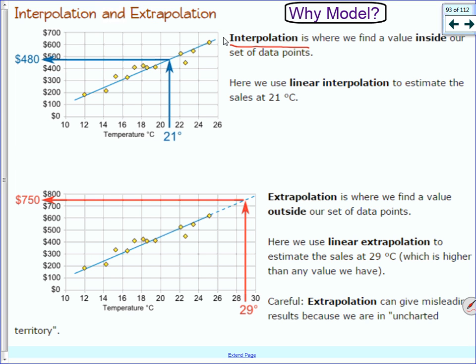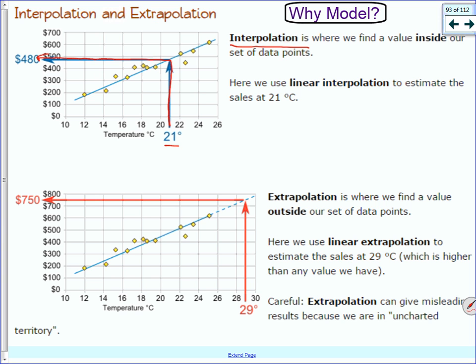Meaning, let's say I want to know how much ice cream I'm going to sell, and it's 21 degrees Celsius forecasted for that day. You can go down from 21 degrees to the line, and then over to the left side of the graph, and you can forecast that you're going to sell $480 worth of ice cream. That's interpolation because you're going on the inside of the data points.